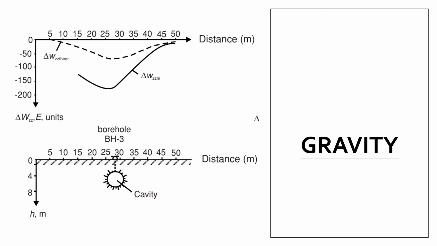Now, let's look at gravity. Gravity, as discussed previously, can detect low density objects. And for this example, we actually have a cavity or a cave. And of course, a cave contains air, or if you are dealing with a wet season, a cave might contain just water.